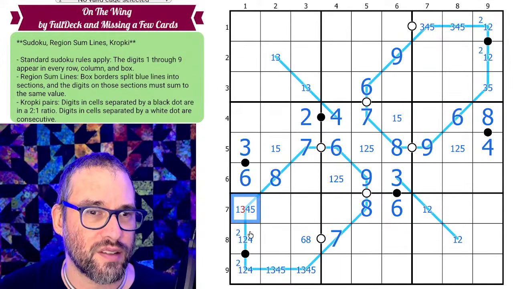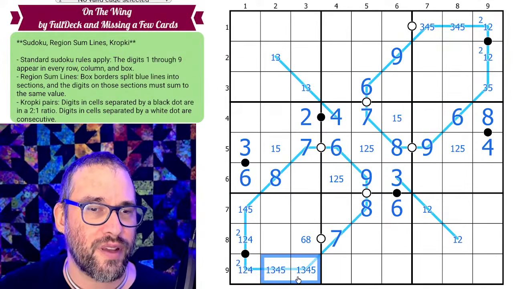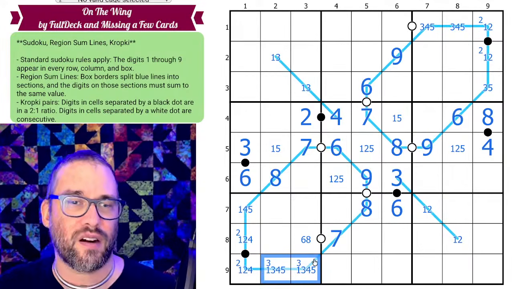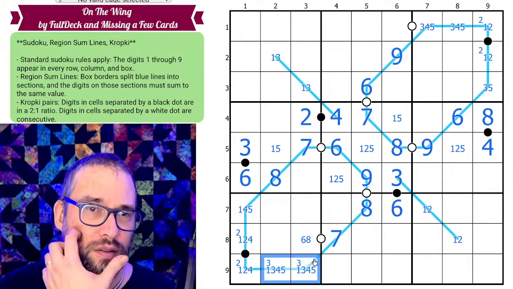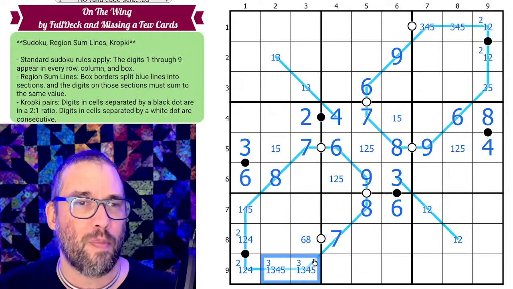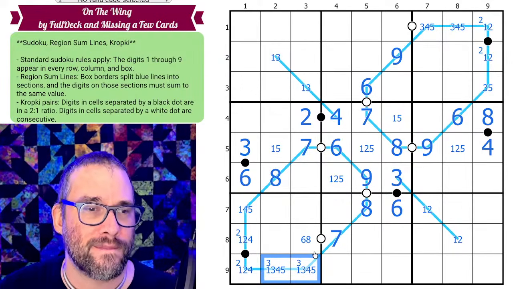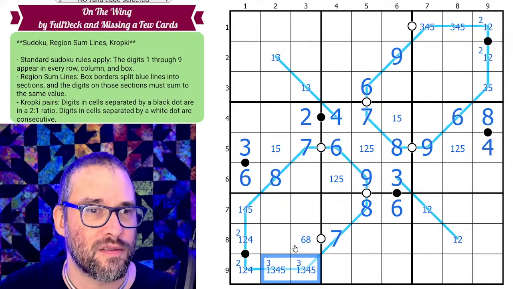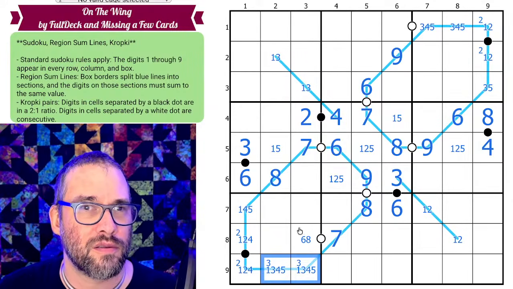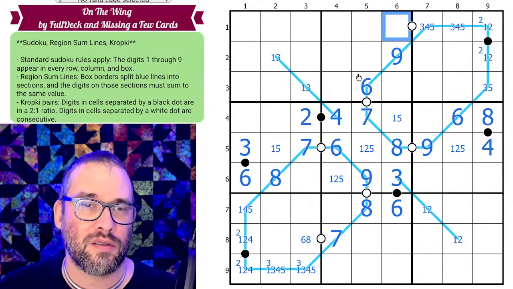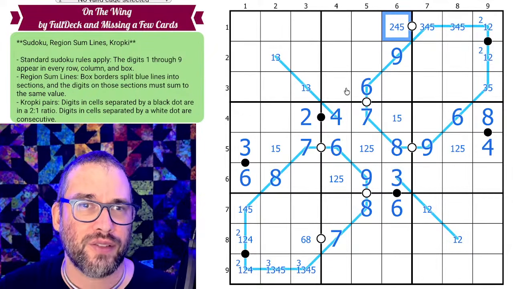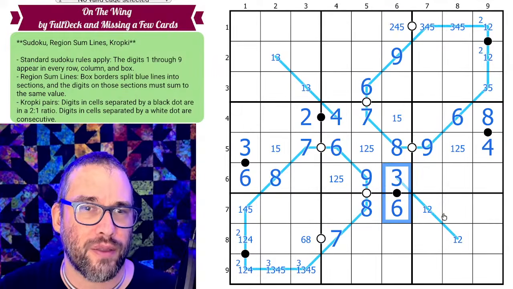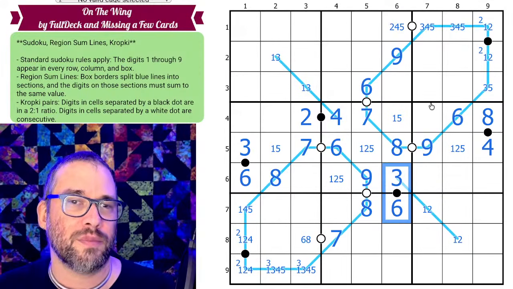Let's see. 3, so there's a 3 over here. Yeah, this is 2, 4, or 5 only, not 3 or 6 by the column.